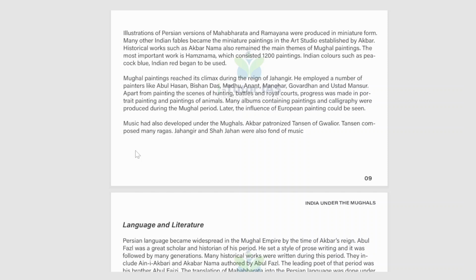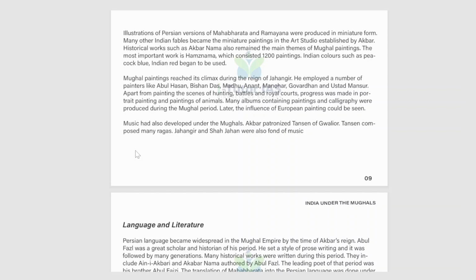He employed a number of painters like Abdul Hasan, Bishan Das, Madhu, Anand, Manohar, Govardhan, and Ustad Mansur. Apart from religious themes, the scenes of hunting, battles, and the royal court were painted, and progress was made in portrait painting and painting of animals.